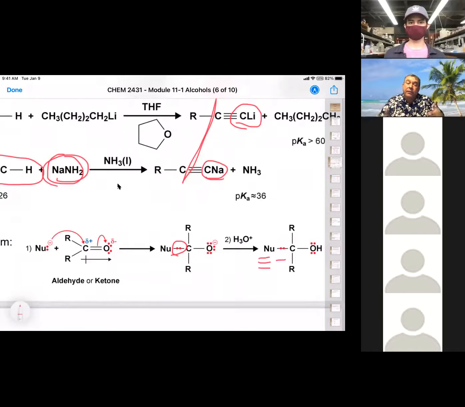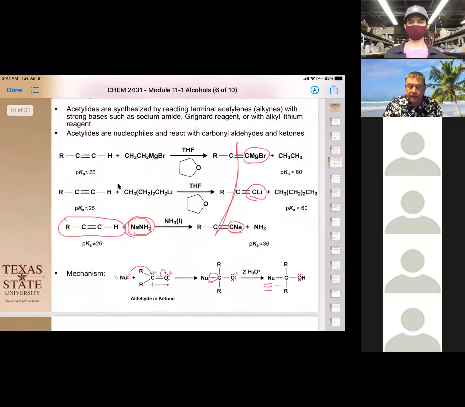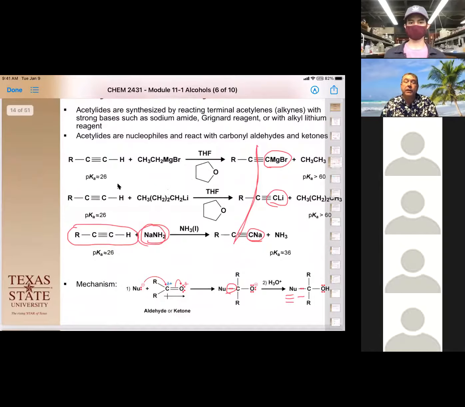So now we have an internal alkyne that we could probably do additional chemistry on. But it all has to do with the basicity of the Grignard and the organolithium reagents being very, very basic and able to deprotonate the acetylene proton. All right, questions on using Grignards and organolithiums as strong bases?